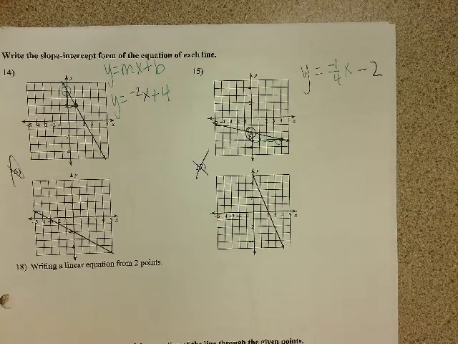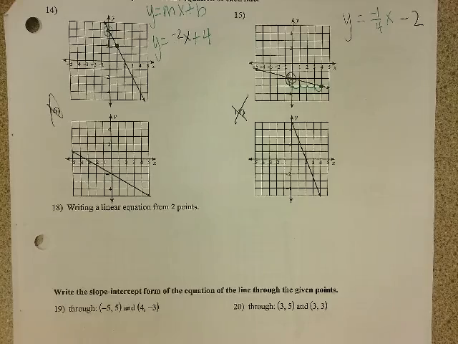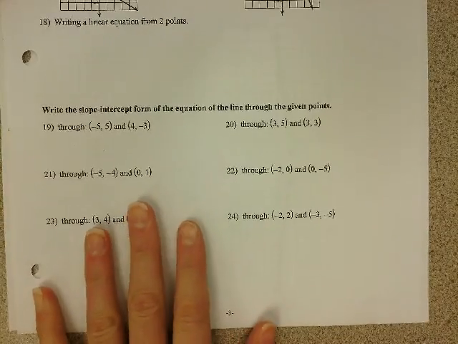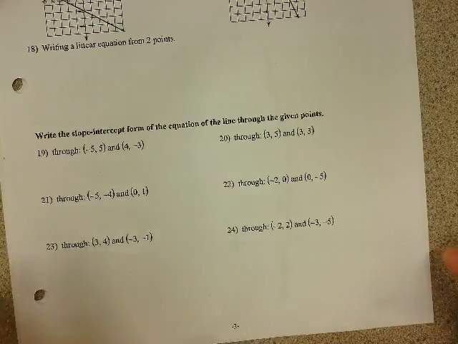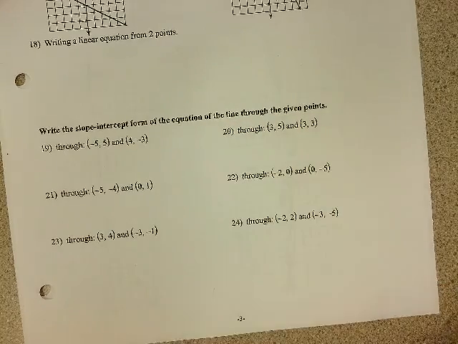All right, last objective for the day. Let's look at this last part. Write the slope-intercept form of the equation of the line given points. This is our second objective, and then we can be done.